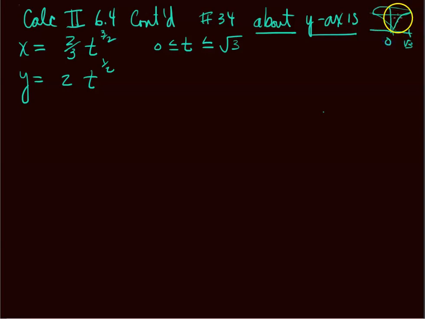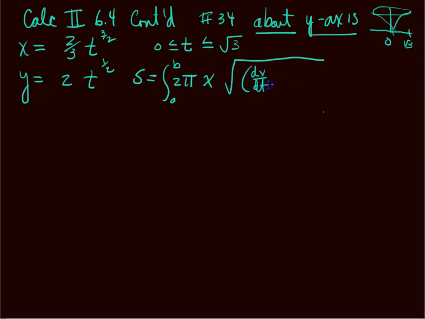So this is why you should say, okay, around the y-axis. Then I need the form from a to b, 2 pi. If it's around the y-axis, I need an x. Square root, since I've got parametrics, it's dx/dt squared plus dy/dt squared.